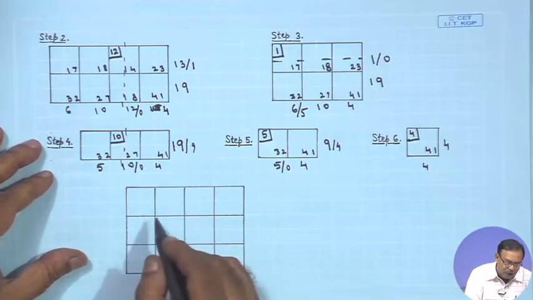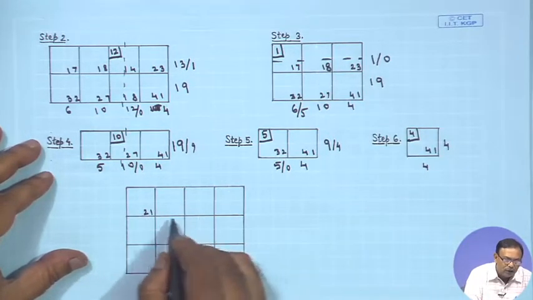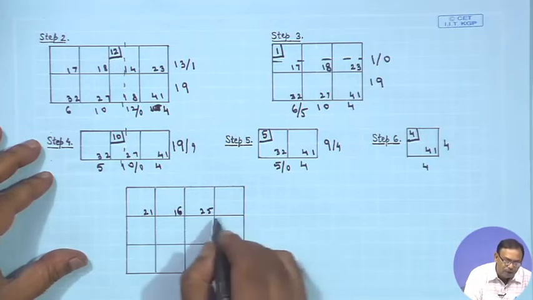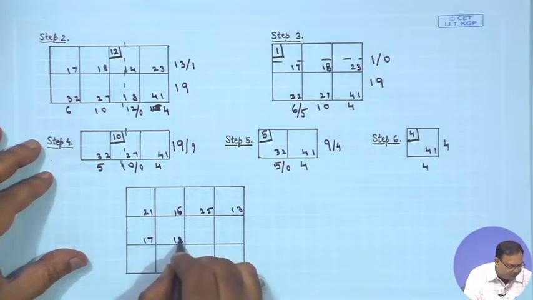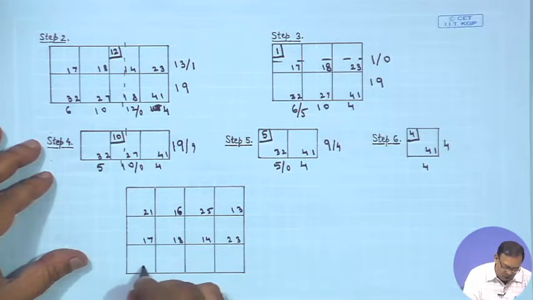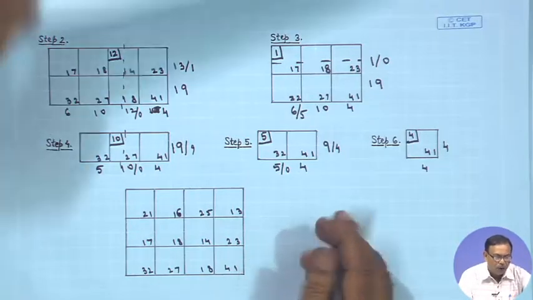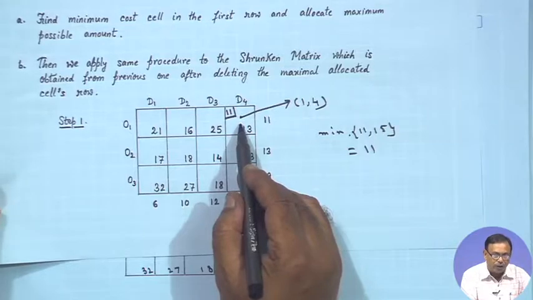So, therefore, for the original problem, if you see, you had 21, 16, 25, 13, 17, 18, 14, 23, then 32, 27, 18, 41. From the first one, this cell was having an allocation of 11.